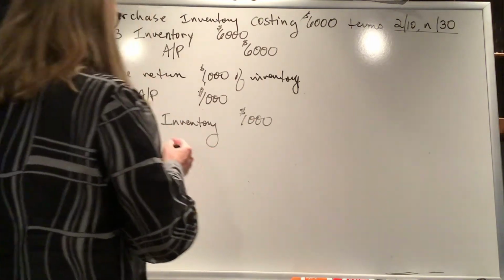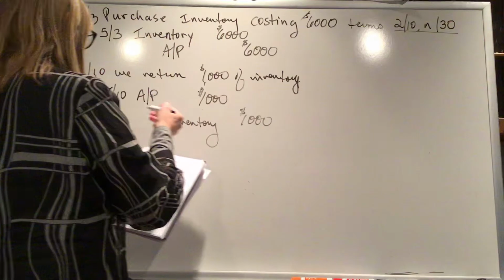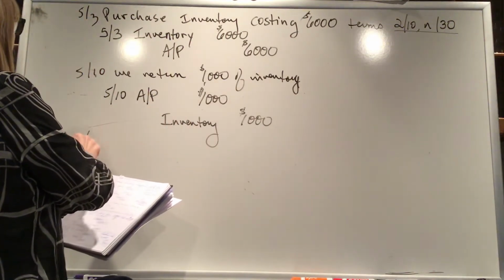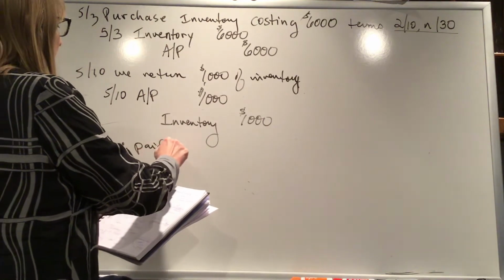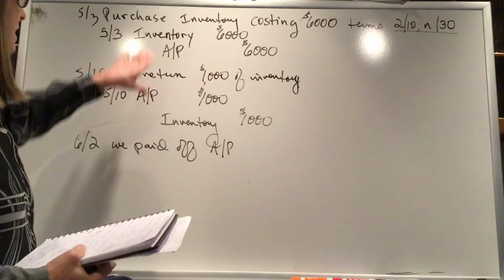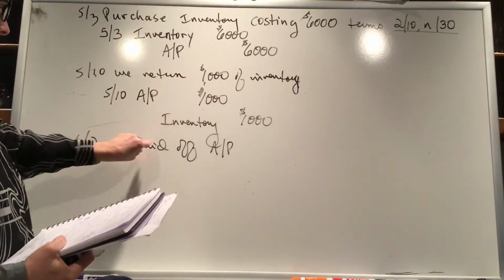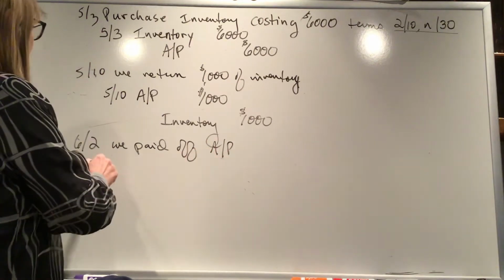Okay, and then the only thing we have to do then, let's say we waited more than 10 days, but before the 30 days was out, on 6/2, we paid off the accounts payable. Okay, so these are the 3 entries: buy inventory, return inventory, pay off the accounts payable. Again, we already know how to pay off the accounts payable.